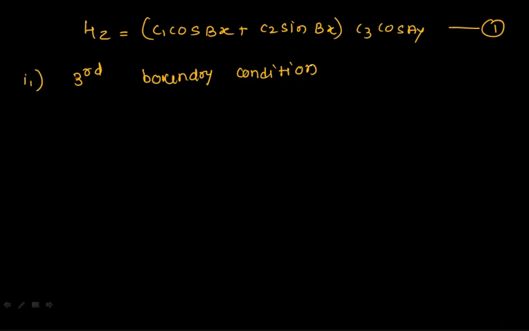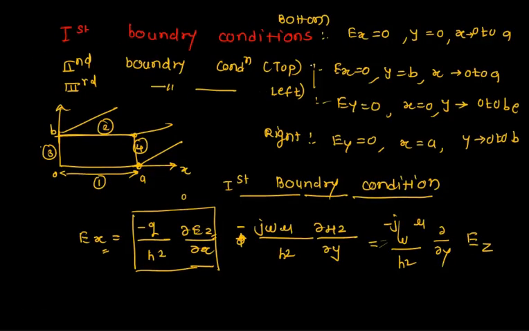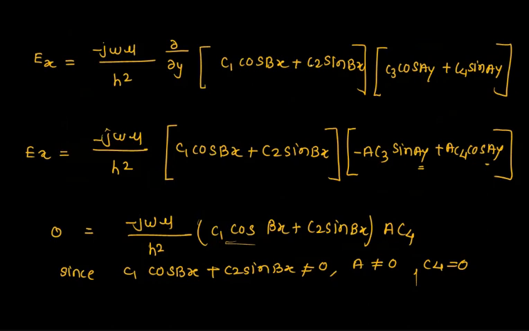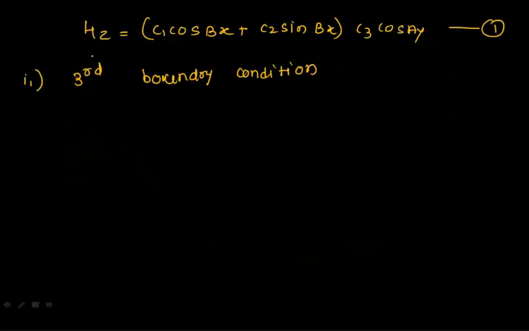Okay. So if I'm taking my third boundary condition left side, Ey is equal to 0, x is equal to 0, and y tends to 0 to b. So in the third boundary condition, you put all that values, whereas Ey is equal to 0 at x is equal to 0, whereas your y varies from 0 to b.